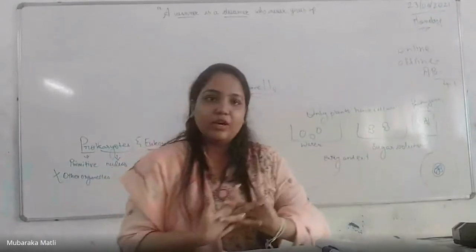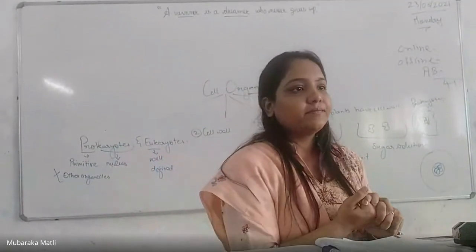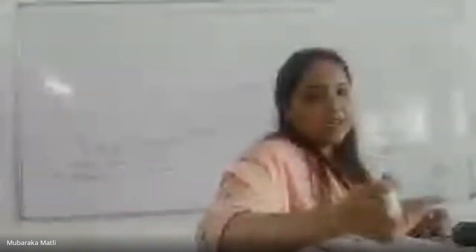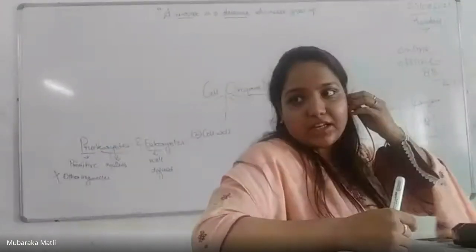How will you know whether they are living or non-living? Actually, we are discussing virus, but before that, we need to understand living and non-living organisms. If an organism is reproducing, that means it is living.